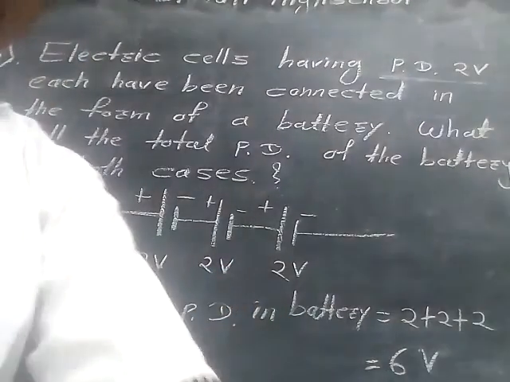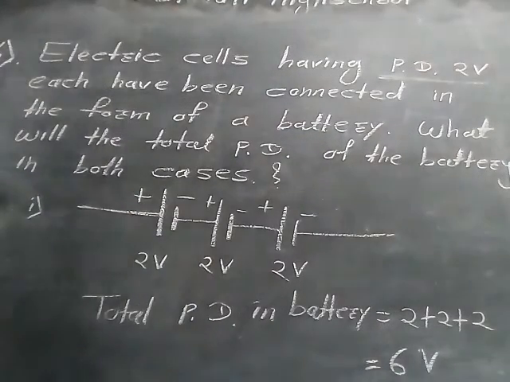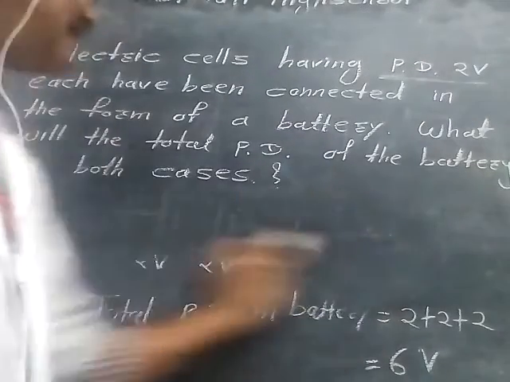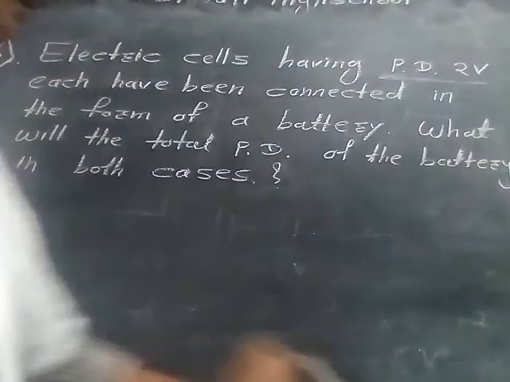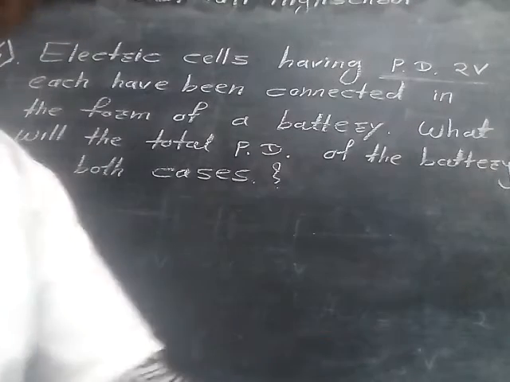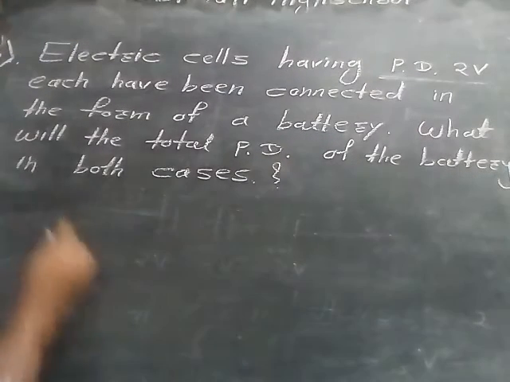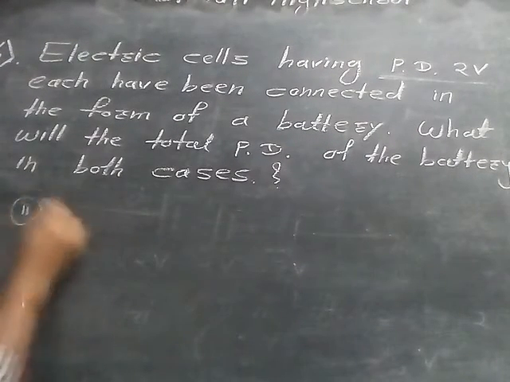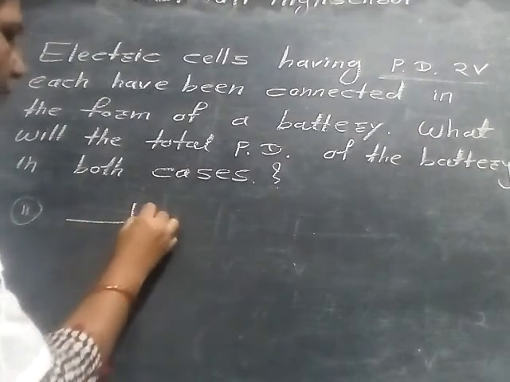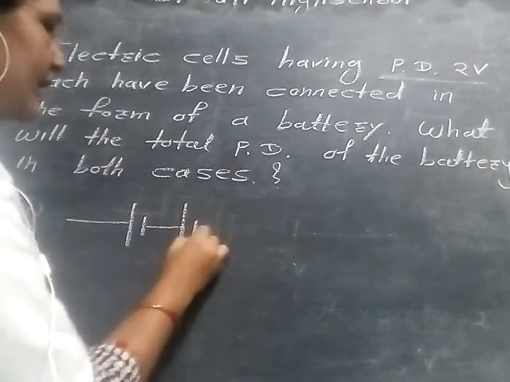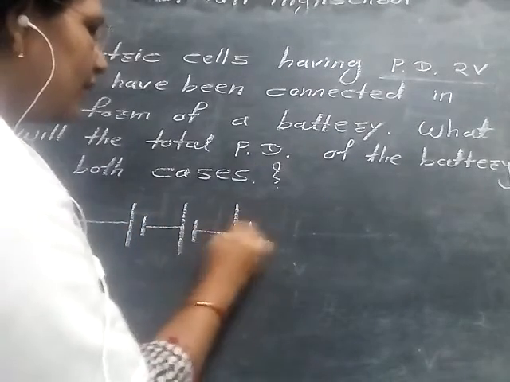Now let us consider the next example, the second series. In the second battery, there are 4 cells connected in series in this manner.